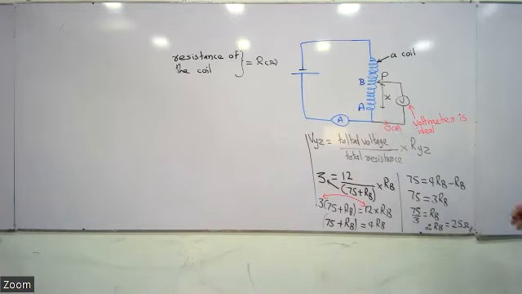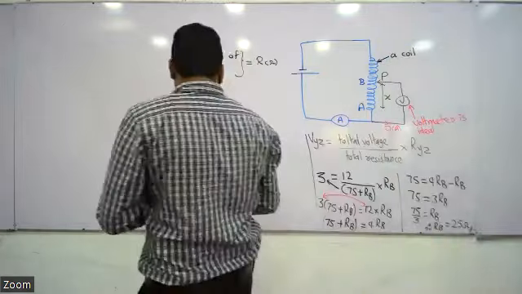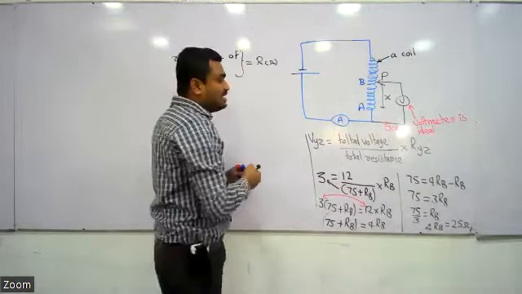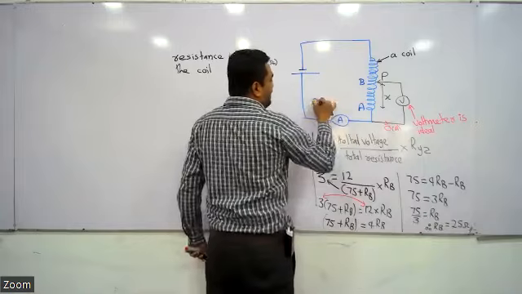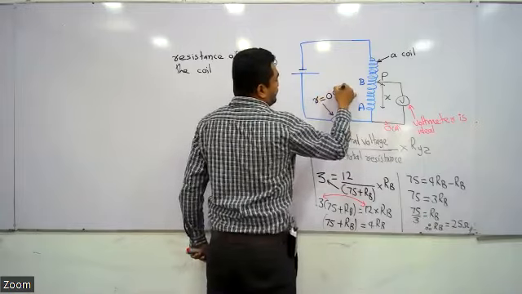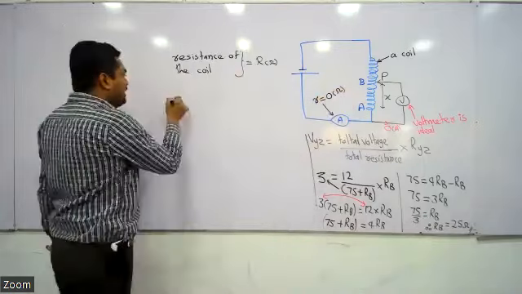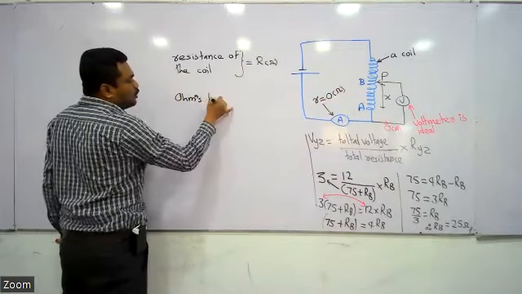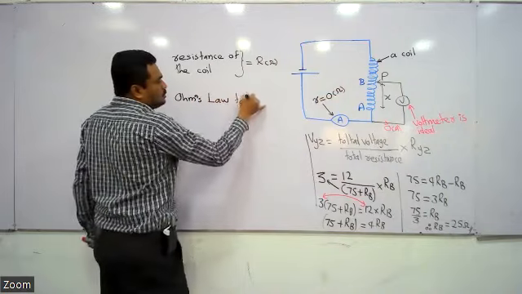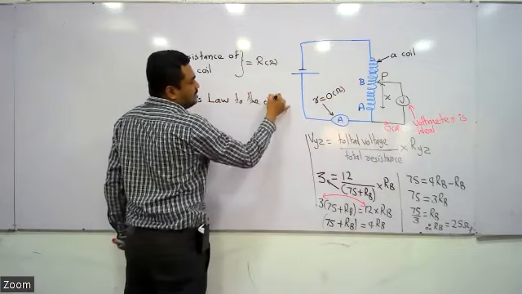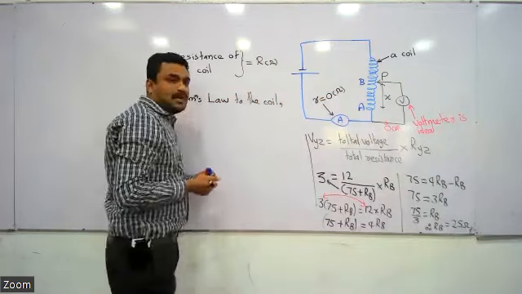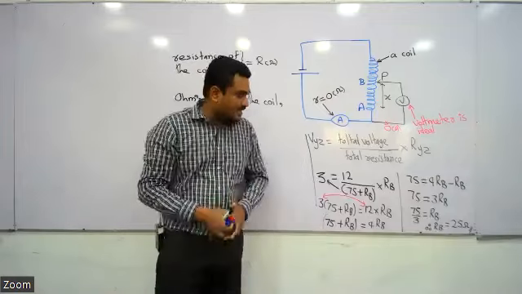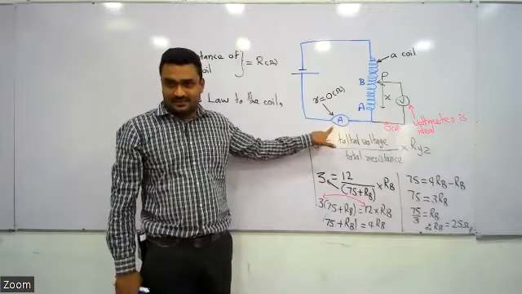So now I can easily apply Ohm's law to the coil. And the ammeter is also ideal. Ideal means internal resistance 0. So I can apply Ohm's law to the coil. Listen dear, we cannot apply Ohm's law to the coil if the ammeter is not ideal.